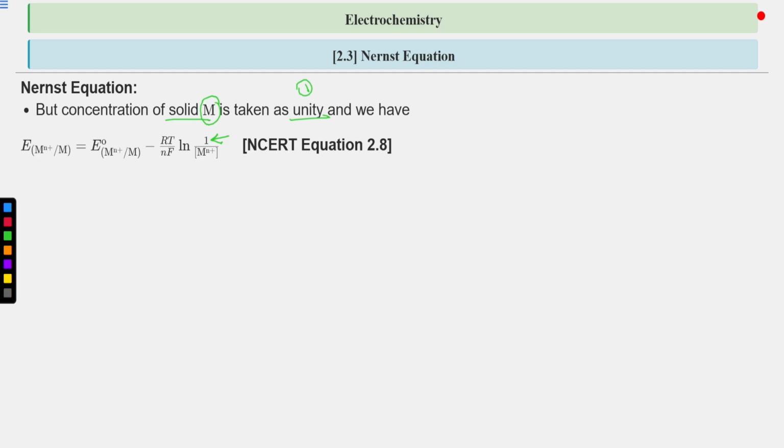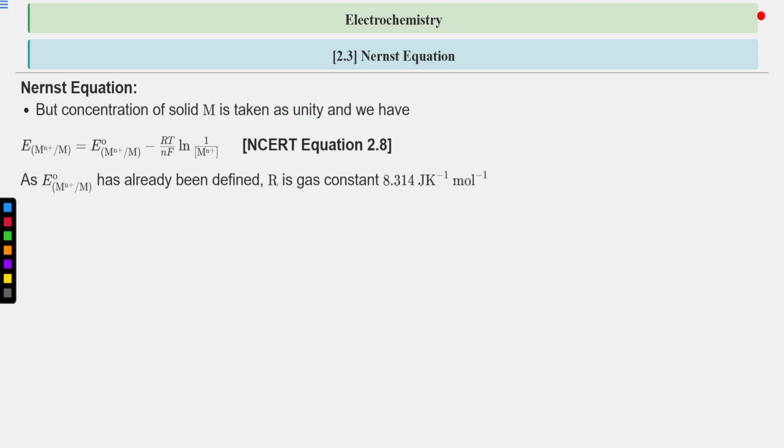Okay, this is NCERT equation 2.8, which you can easily find in our NCERT textbook in the electrochemistry chapter. Now, E naught of Mn positive to M has already been defined. R is the gas constant, which is 8.314 joule Kelvin inverse mole inverse.